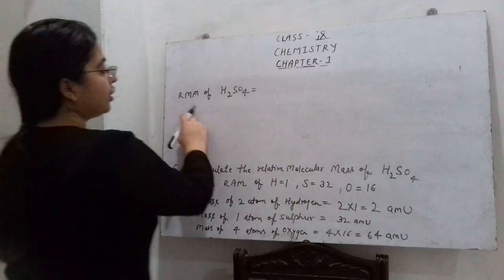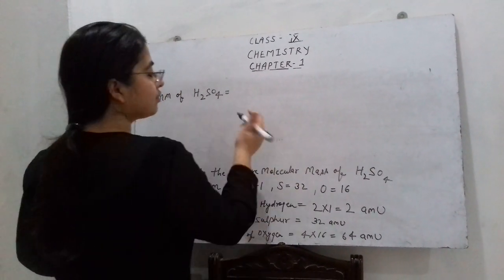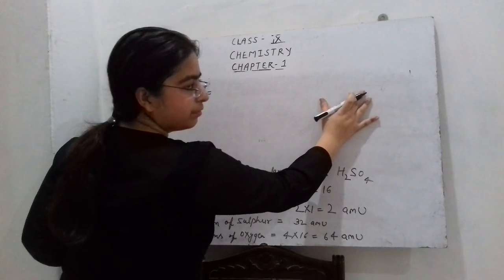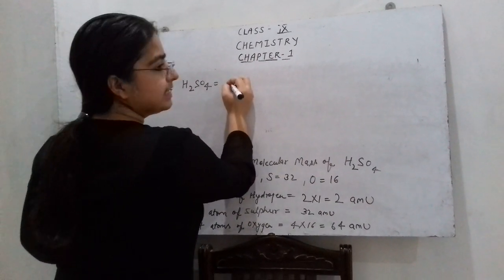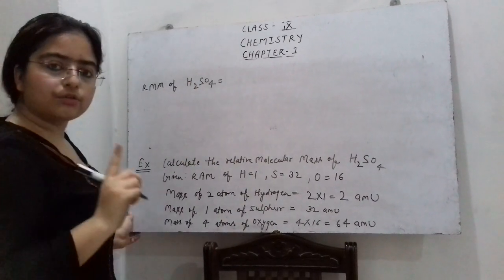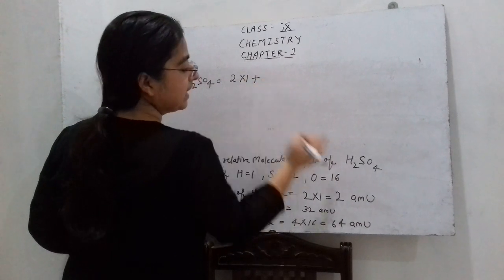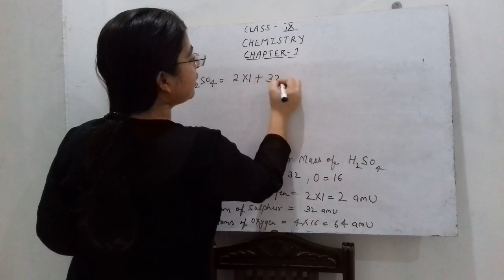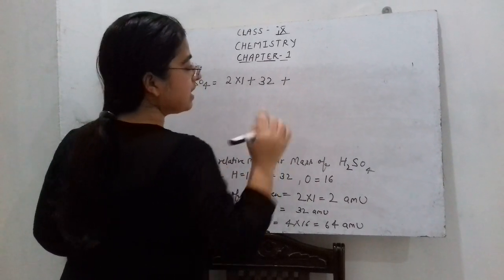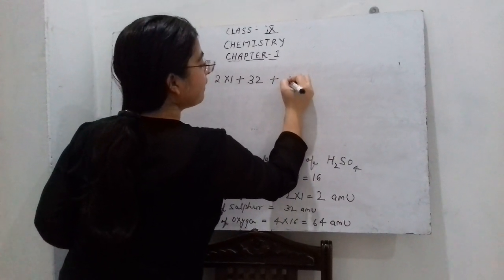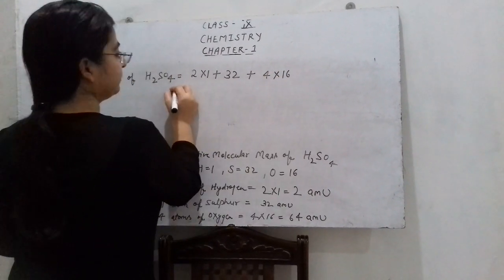The relative molecular mass of H2SO4 can be calculated directly also by doing the calculation here only. 2 atoms of hydrogen are there, and since the relative atomic mass of 1 atom of hydrogen is 1, so 2 into 1 plus sulfur, its atomic mass is 32, plus the atomic mass of 1 atom of oxygen is 16, so 4 atoms will have 4 into 16.